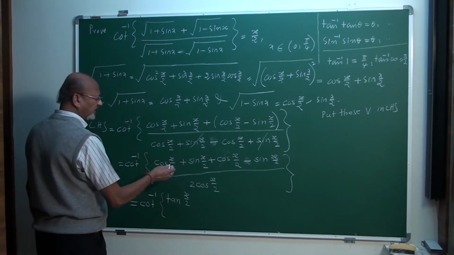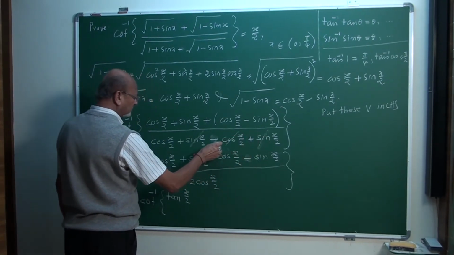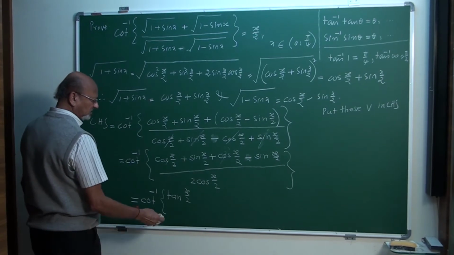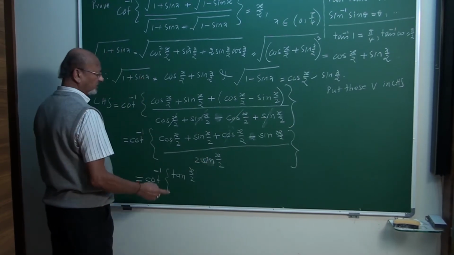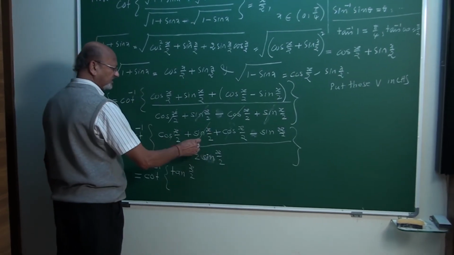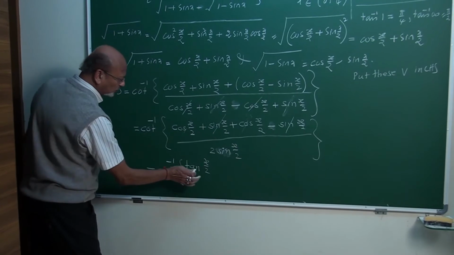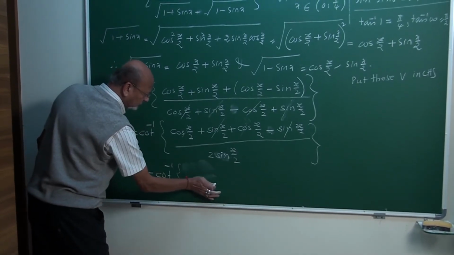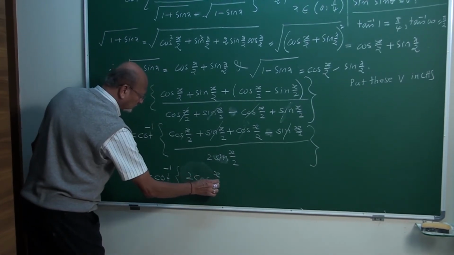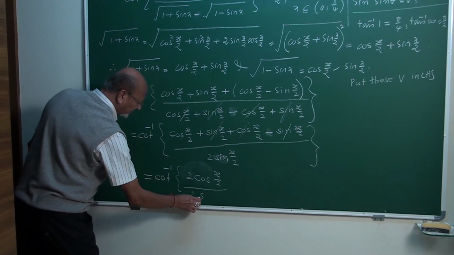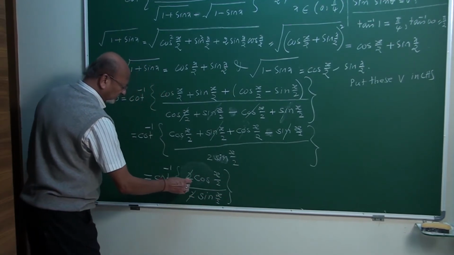Here cos cancels, not sin. You get down 2 sin. Here what cancelled? Sin cancelled. You are left with 2 cos x by 2. The denominator is 2 sin x by 2. It cancels, and it is equal to.